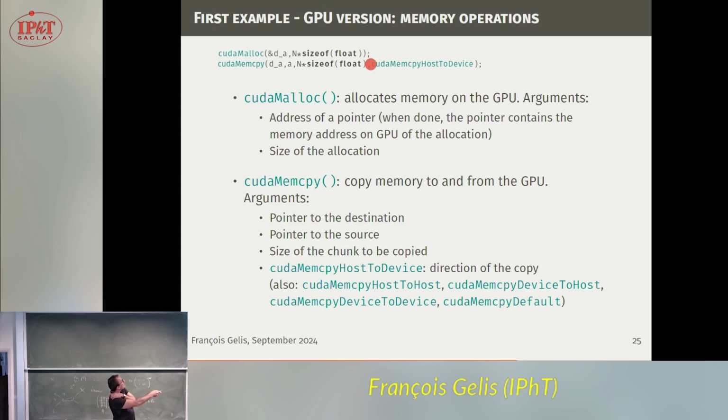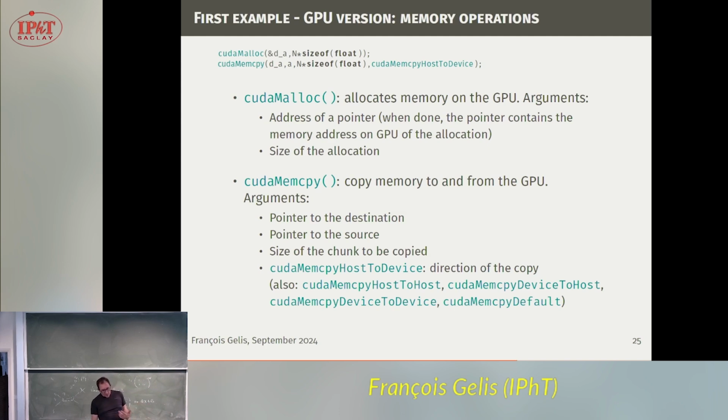And then the last argument is telling the function the direction in which you want to copy. So you can see all the alternatives. You have host to host, device to host, device to device. And the one I was mentioning before, if you put CUDA memcopy default, it means the compiler will try to figure out what you mean from the definition of the pointers.